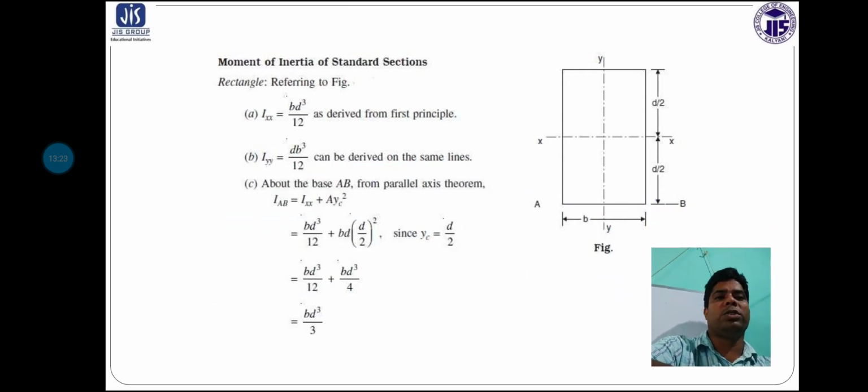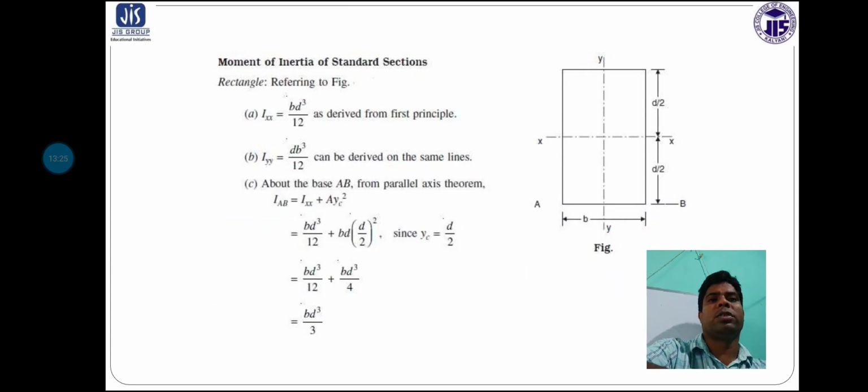Now moment of inertia of standard sections. Ixx is equal to b d cube by 12 as derived from the first principle. Second, Iyy is equal to d b cube by 12, which can be derived on the same lines. About the base AB, from the parallel axis theorem, IAB is equal to Ixx plus A y square.